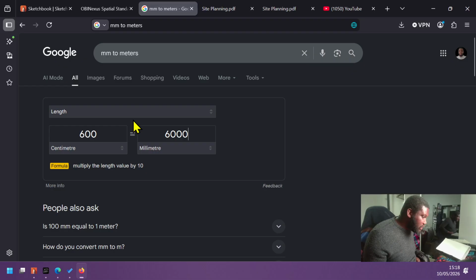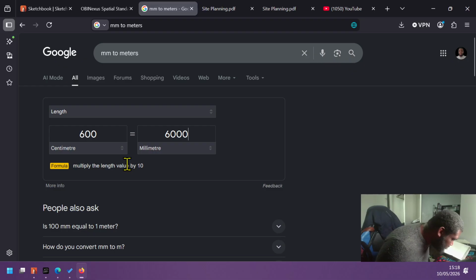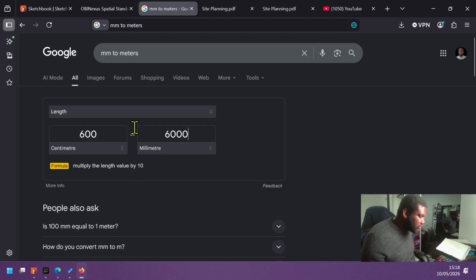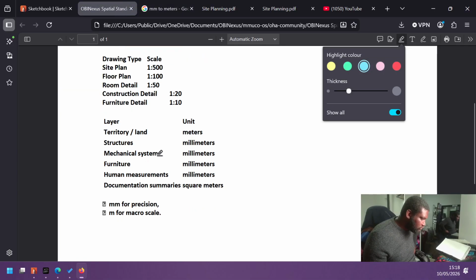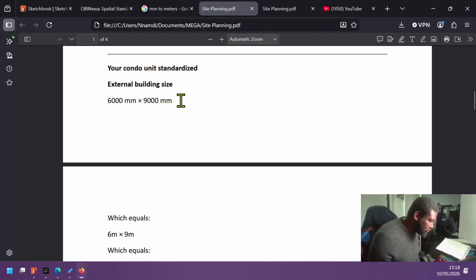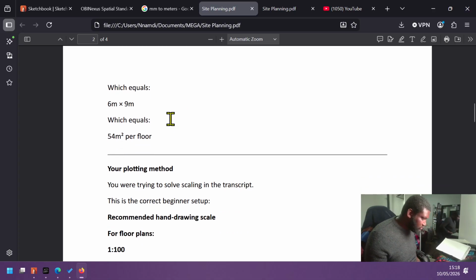So yeah, 600 centimeters is what I'm using, multiplied by 10, so 6,000 millimeters. 6 meters times 9 meters equals, no, 54 per floor.